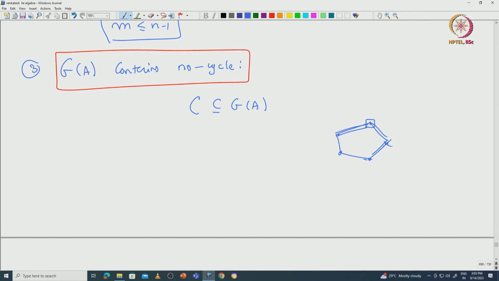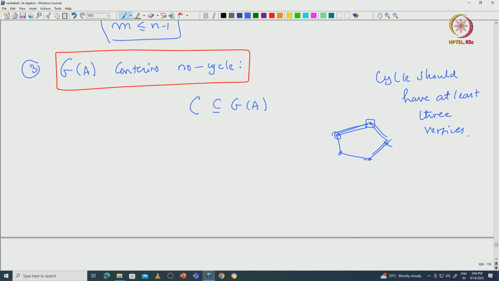We don't want to call this kind of thing, going here and coming back here, a cycle. So, a cycle by definition for us should have at least 3 vertices. That is our convention.